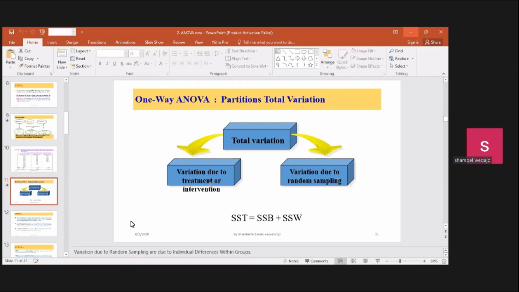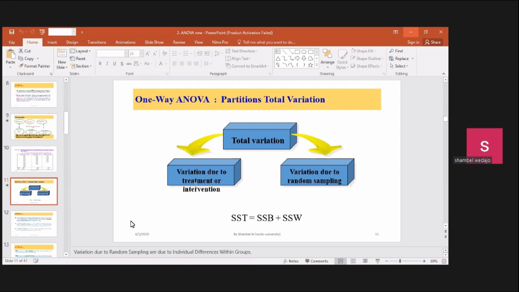But variation due to treatment or intervention is the variation that you really manipulate, because of the intervention, because of some categorizations, having low socio-economy, middle socio-economy or high socio-economy, or in the previous example, using chemical fertilizer or biological fertilizer or no fertilizer.